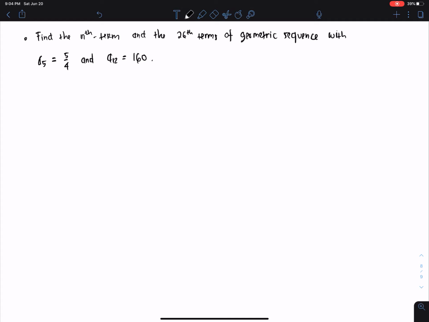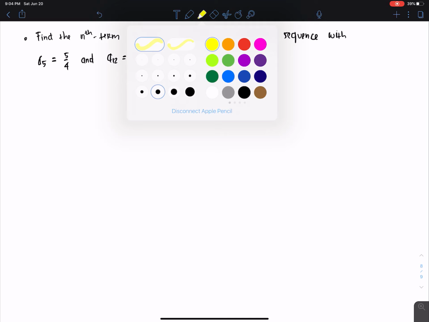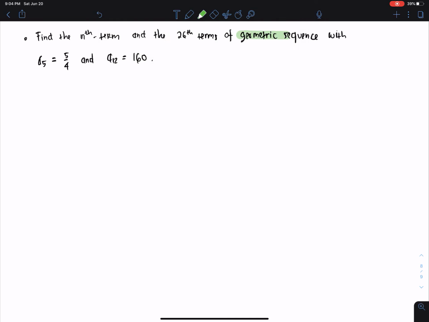Alright, so this is the same type of question as the previous ones, just that instead of an arithmetic sequence, now we have a geometric sequence. Let's make use of the info given.